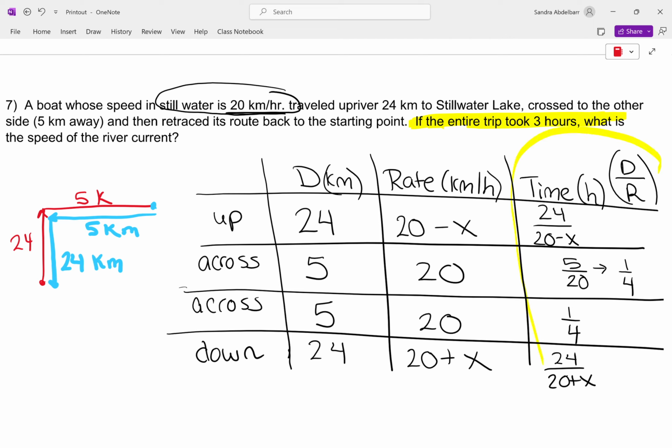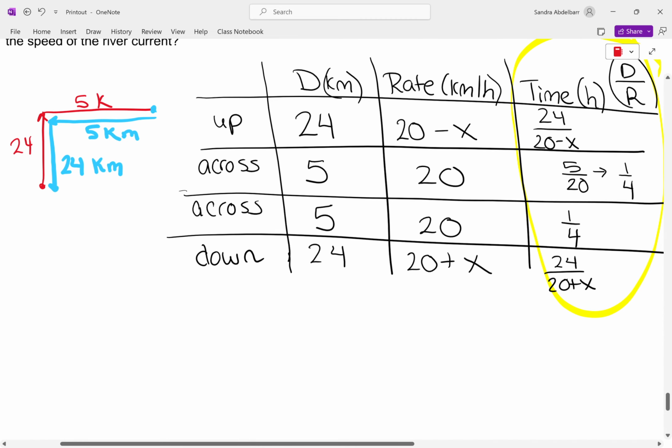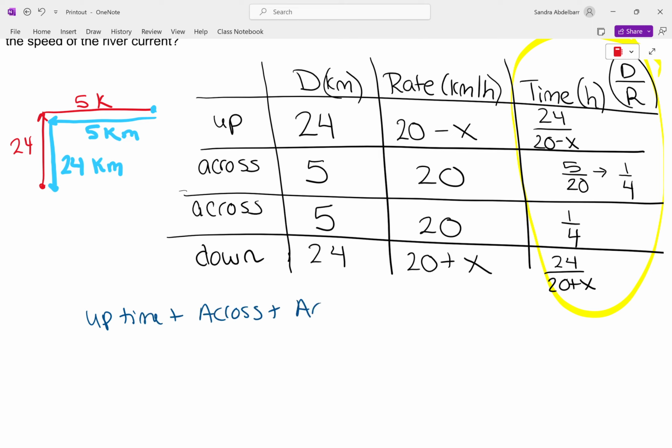Now it says, if the entire trip took 3 hours, what column am I working with here? The time. So the entire trip took 3 hours. So what does that mean? It is up time plus across plus down equals 3 hours.